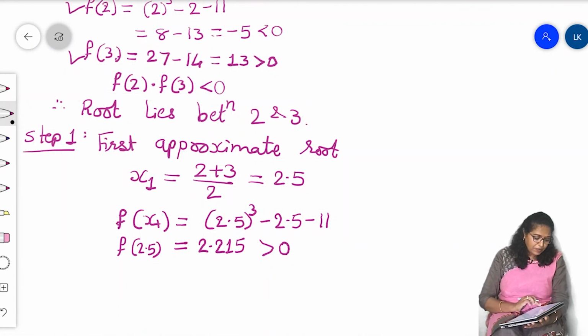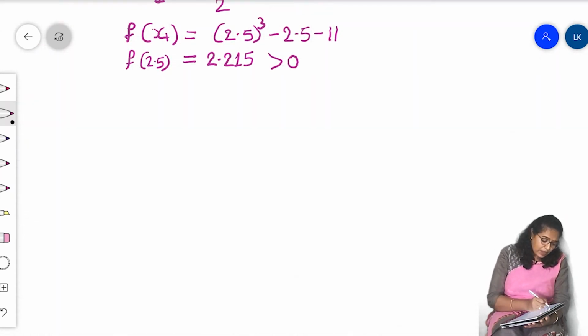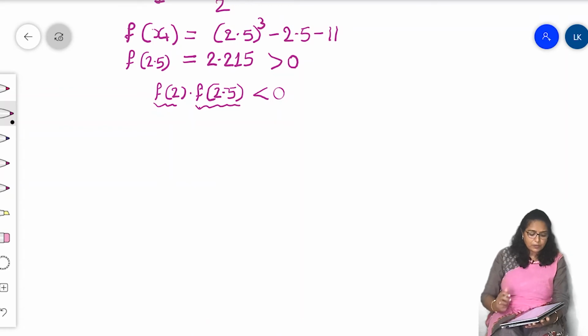The negative number is f of 2. Clear? So, f of 2 into f of 2.5 is less than 0. Because f of 2 is negative and f of 2.5 is positive. What can we say?